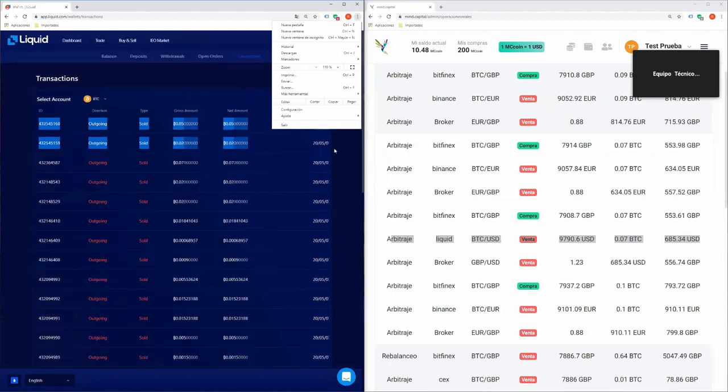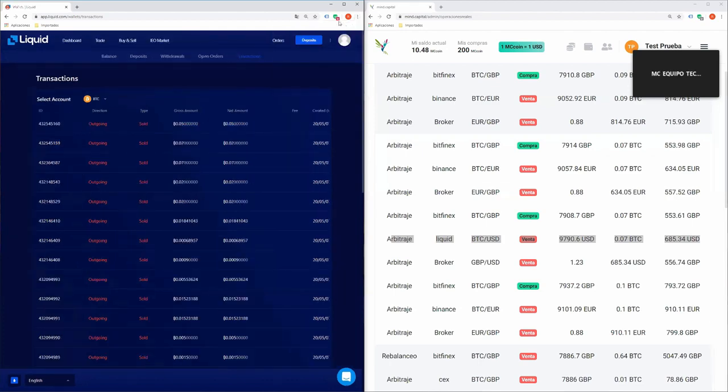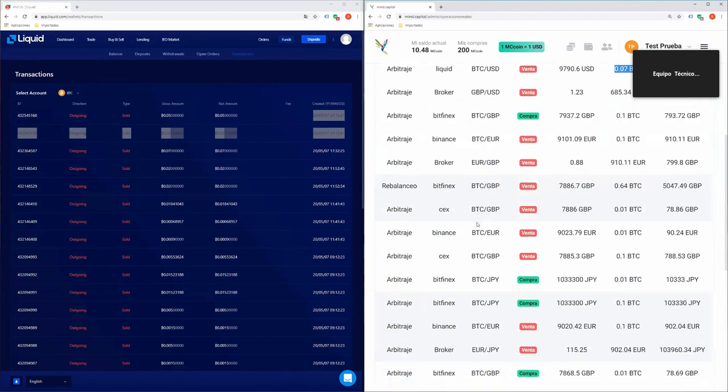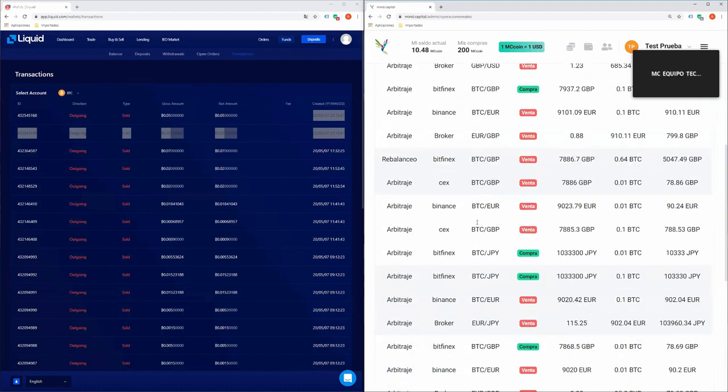So we can see the date here, 8:12, 47 seconds. Both were sold at the same time. So the total amount is 0.07.